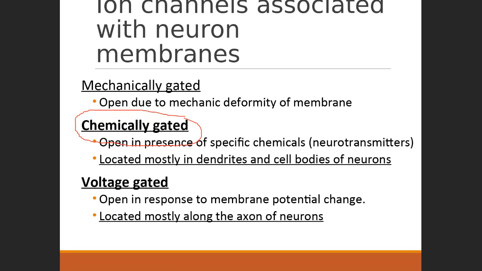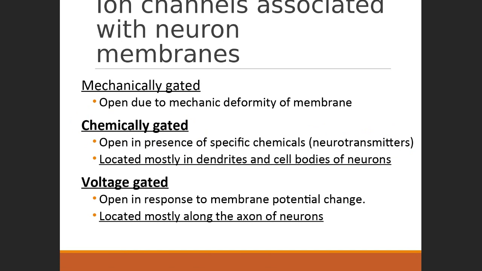You've got a channel in the membrane that will only open up if that particular chemical is present. Now, any number of chemicals can open up these chemically gated channels, but unless you're told otherwise, I want you to assume that the chemical we're talking about is a neurotransmitter. We mentioned that term earlier. Neurotransmitters are stored in the axon terminals of a neuron. These are the chemicals that open up these chemically gated channels.